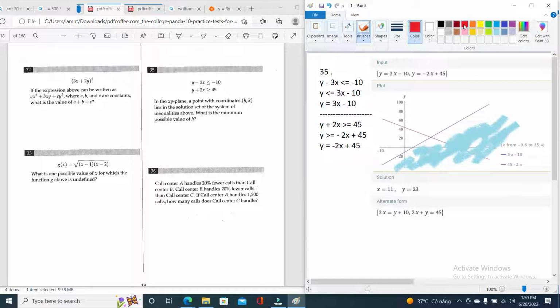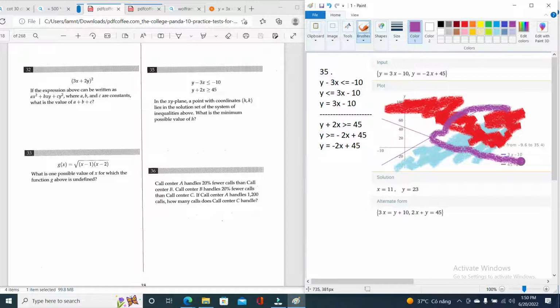And it's bigger than minus 2x plus 45, so it's here. The solution set is the intersection of the red region, the green region and the blue region, which is this purple region here.